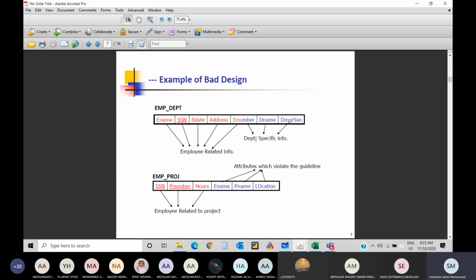So for each person who works in the same department, I have to repeat department number 1, the department name research, and 22. So the department name, research, will be repeated 10 times. The department manager, which is 22, that SSN of the manager will also be repeated 10 times. So I am getting redundancy here, which is a very bad design.